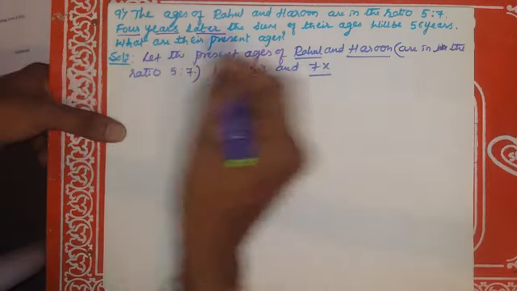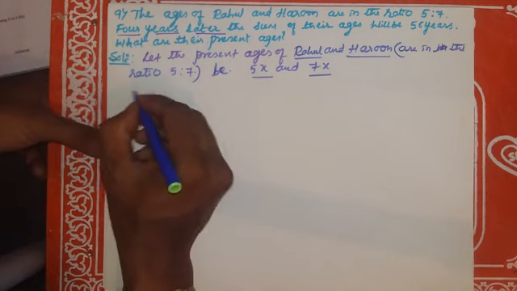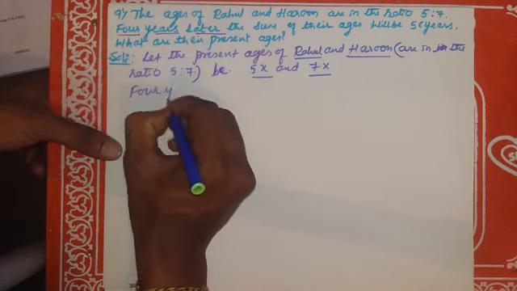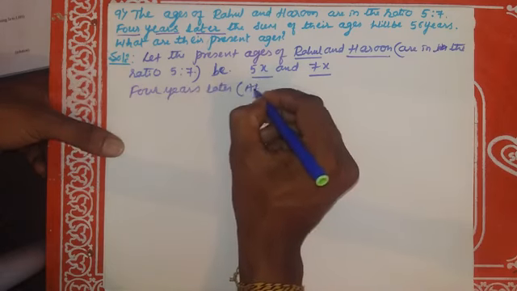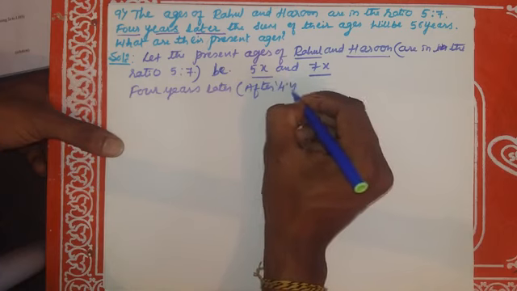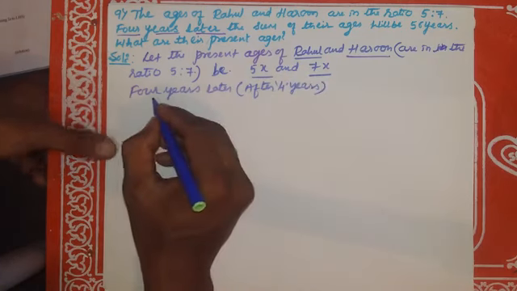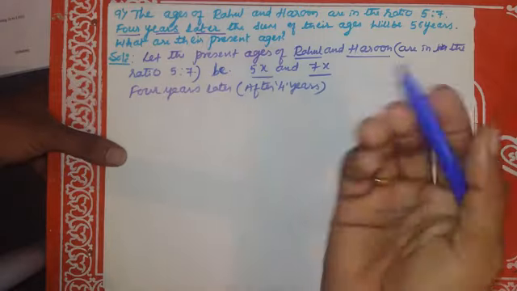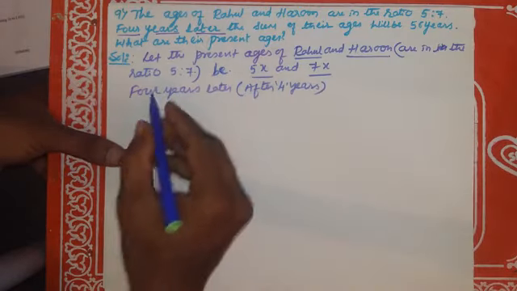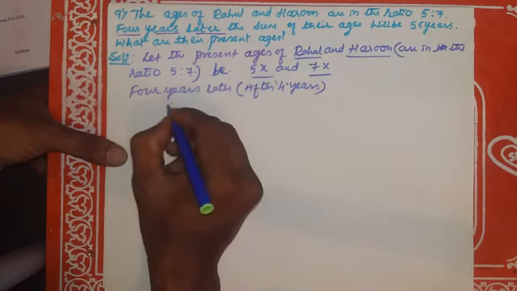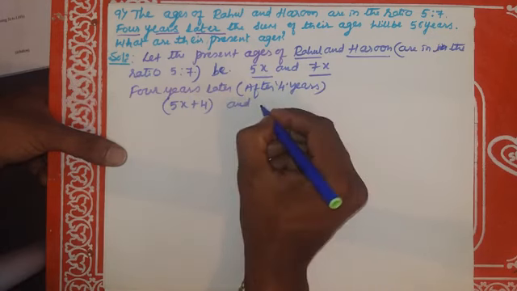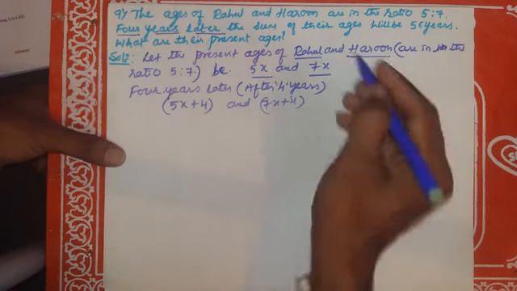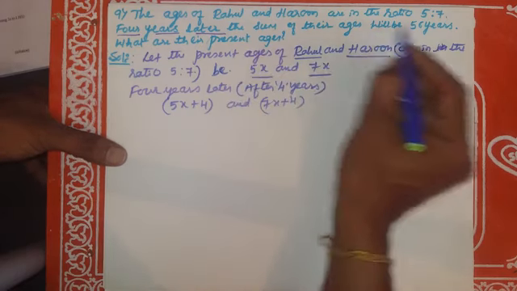Next, 4 years later means after 4 years, both ages will be increased. So it can be written 5x plus 4 and 7x plus 4.